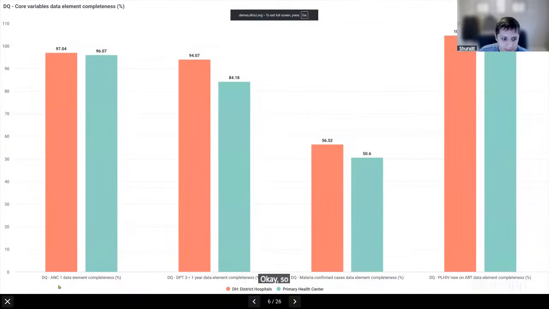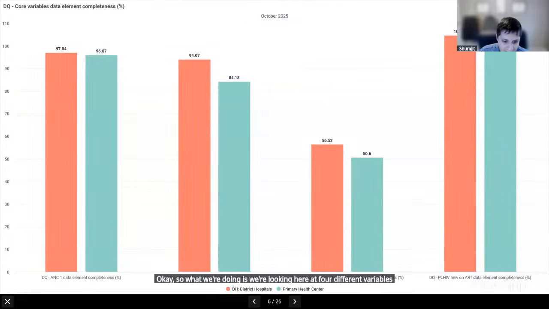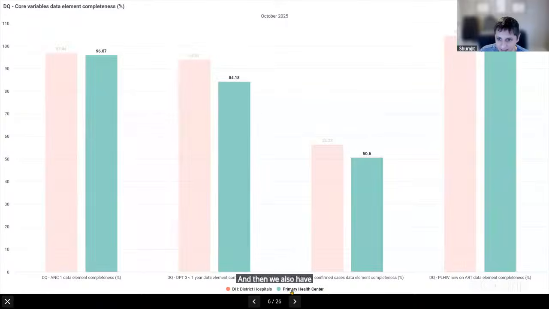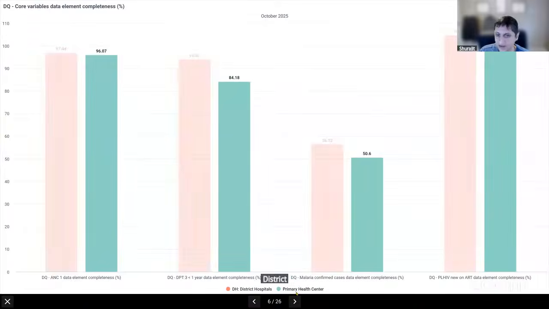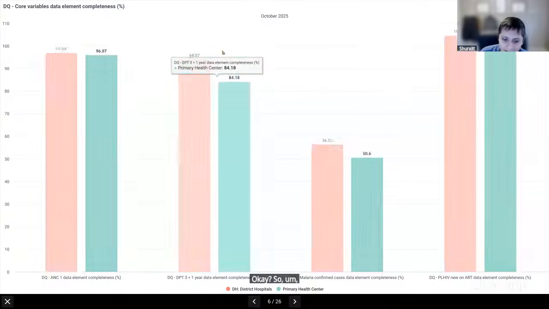What we're doing is looking at 4 different variables: ANC1, DPT3, malaria confirmed cases, and PLHIV new on ART. We have also separated this out, in this case by organization unit group, district hospitals and primary health centers, so the type of facility that has submitted this data. Let me zoom in on some of these.